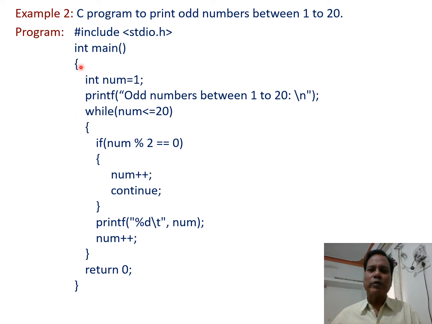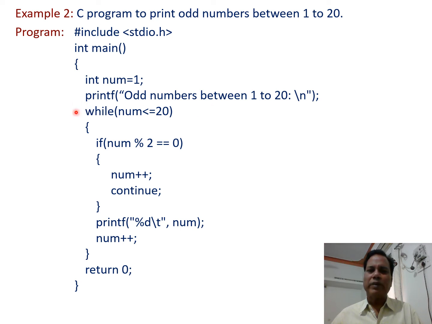In this program, between the open and close braces of the main function, the first statement declares an integer variable num and initializes it to a value of 1. Then the printf statement prints "odd numbers between 1 to 20:" on the output screen, and then \n brings the cursor to the beginning of the next line.